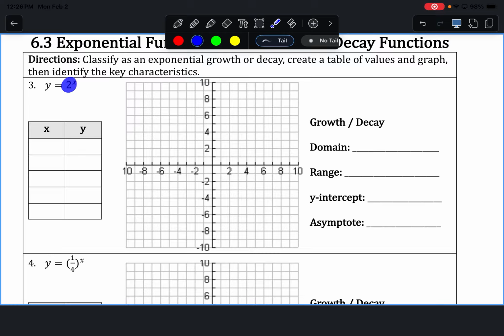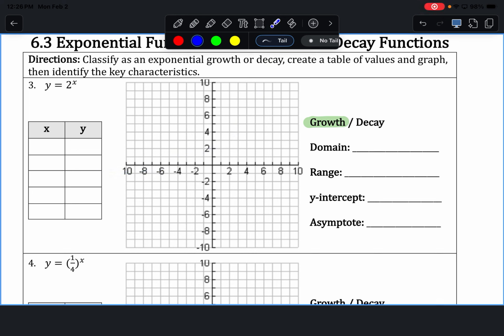Does this equation have an a? No. So a is understood to be 1. What is our b? 2. Is 2 greater than 1 or less than 1? Greater than 1. If it is greater than 1, automatically that tells us it's going to be a growth function, so it's going to increase from left to right. Our graph will somehow look like that. We don't know exactly yet, but that's what it will be.